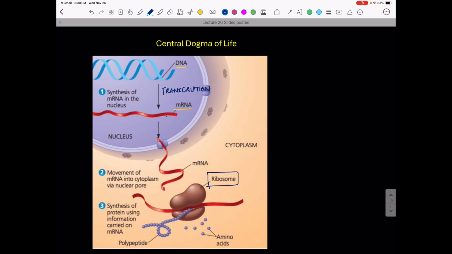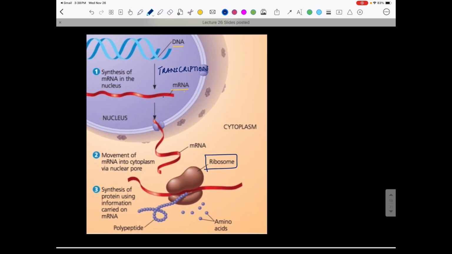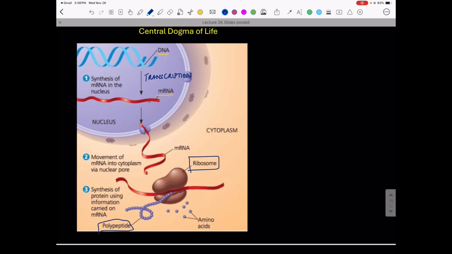So the ribosomal machinery will bring in the amino acids in the form of tRNA, and then these amino acids are going to be linked to form polypeptide chains on the ribosome. So this process of mRNA being converted into a protein sequence is called translation.